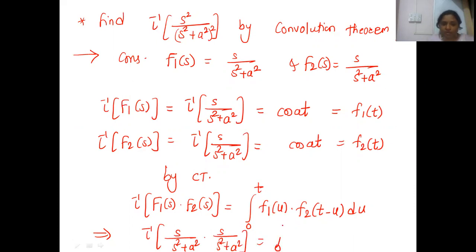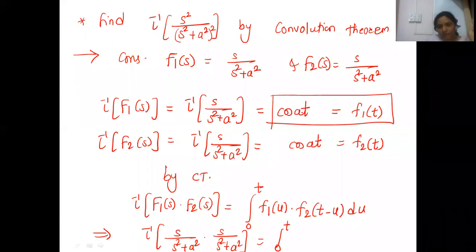is equal to the integration from 0 to t. What is your f1(t)? This is your f1(t). In that, wherever there is t, you write u, so it becomes cos au. And in your f2(t), in place of t, you write t minus u, so it becomes cos a(t minus u) du.